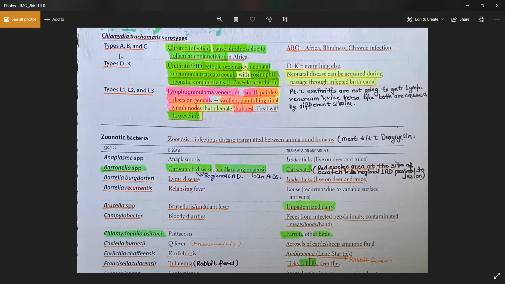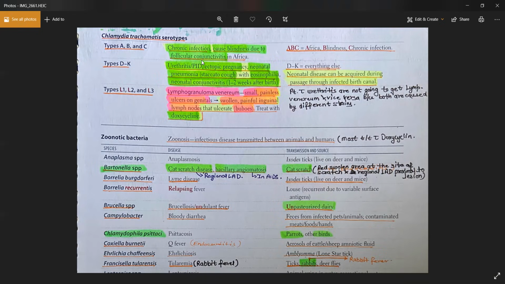Then comes the serotypes from D to K, and they are involved in the pelvic inflammatory diseases like urethritis. Okay, you will also get involvement of the uterus and the fallopian tube and the ovary in the pelvic inflammatory diseases.